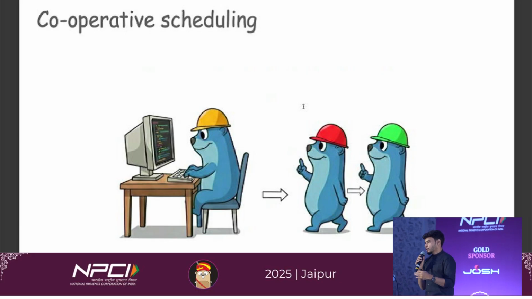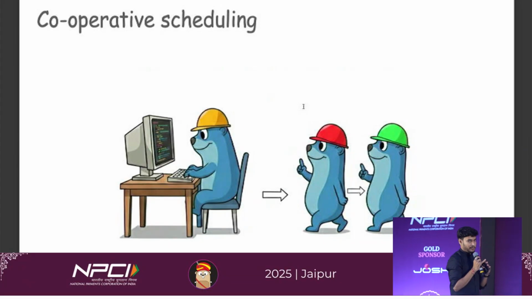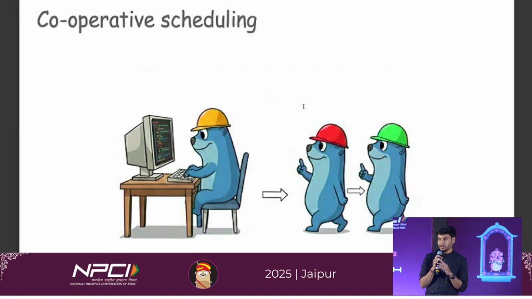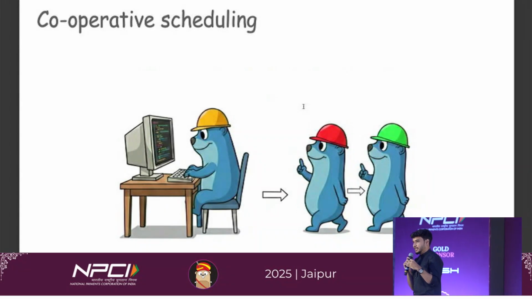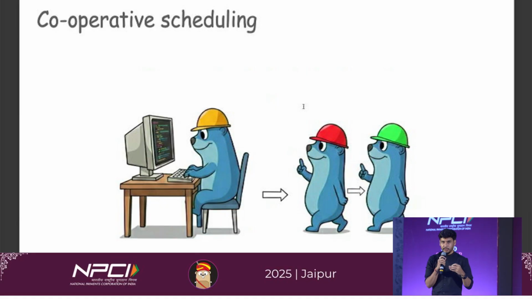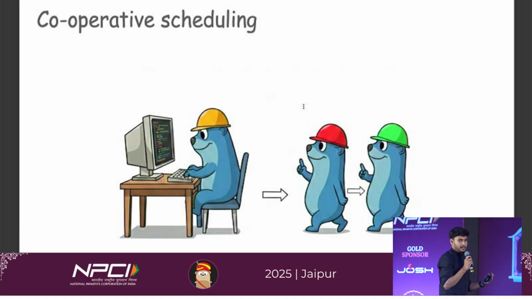In initial versions of Go, we had something called cooperative scheduling. Every Go routine had some safe point where it could be paused. This could be a function call, an IO operation, a channel operation, etc. Once these safe points are reached, you could safely say, OK, now you need to stop, and another Go routine can get a chance to run.